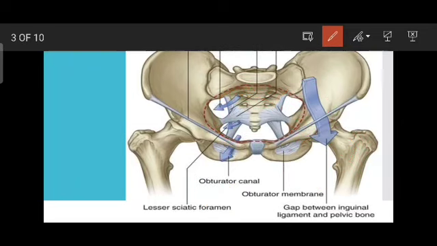The greater sciatic foramen connects the pelvic cavity to the gluteal region, that is in the posterolateral aspect. And the lesser sciatic foramen connects the pelvic cavity to the gluteal region, also in the posterolateral aspect. That's all about this.